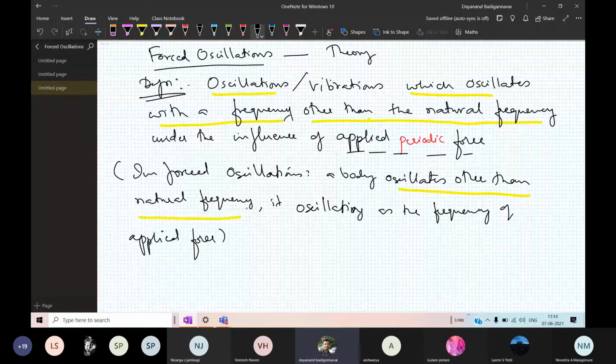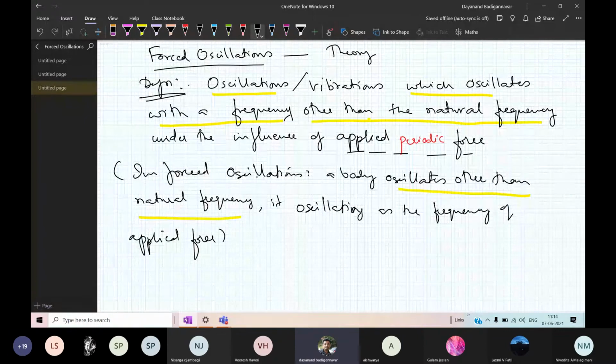In a forced oscillation a body oscillates other than the natural frequency, that is, it is oscillating with the frequency of applied force.